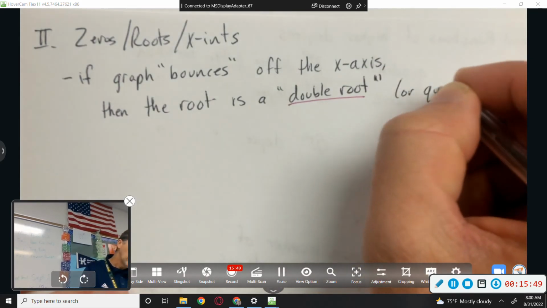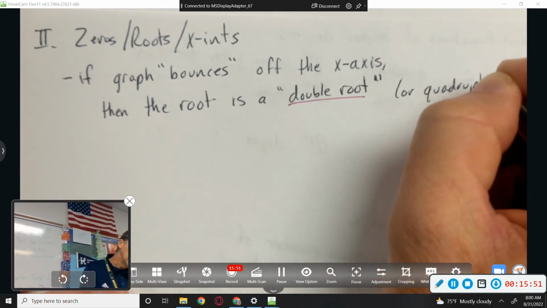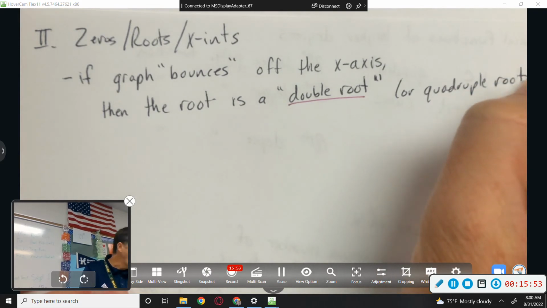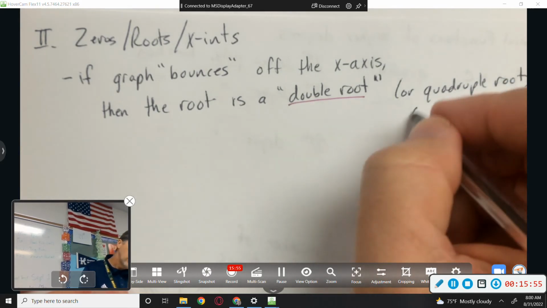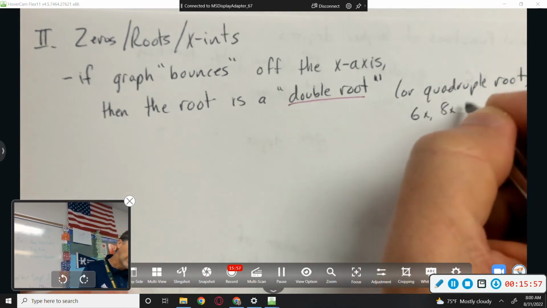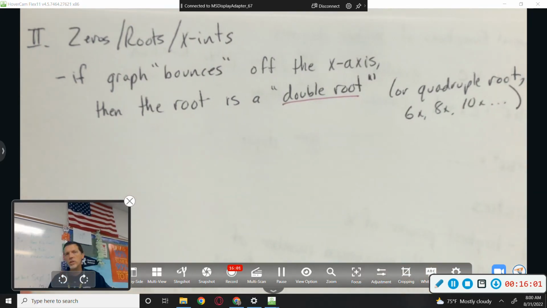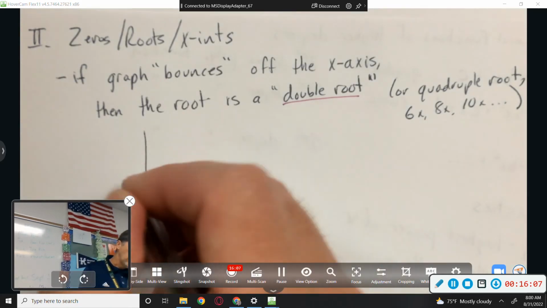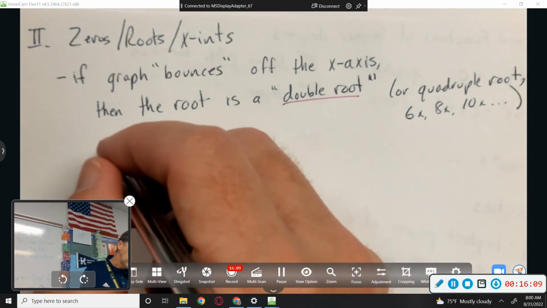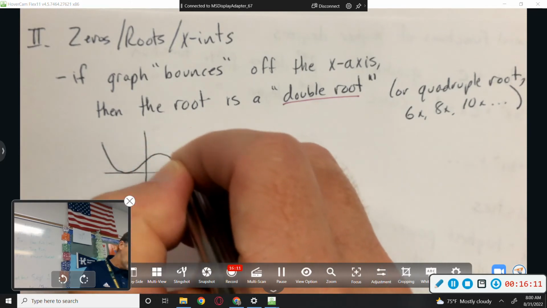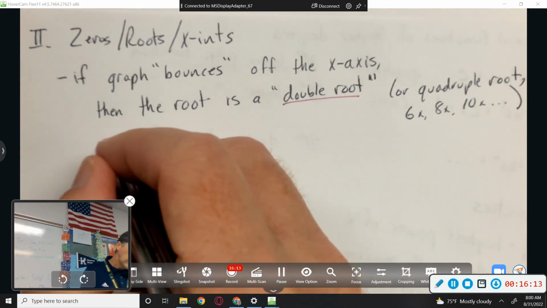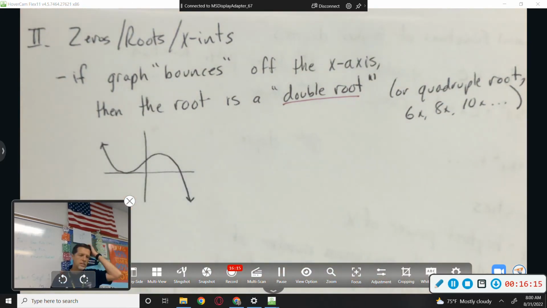We should be careful here. It could be a quadruple root or any even-powered root. 6x, 8x, 10x, I guess. Any even-powered root is going to bounce. So we just saw a picture of that a moment ago, something like that.